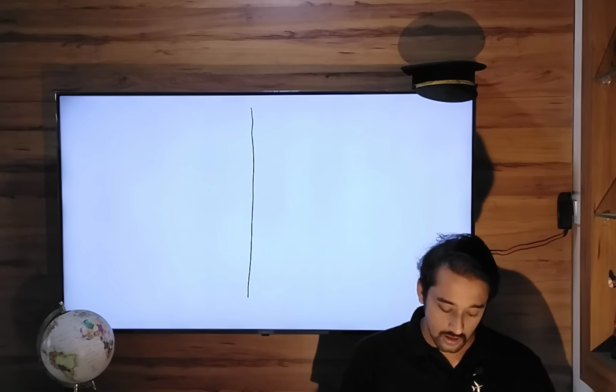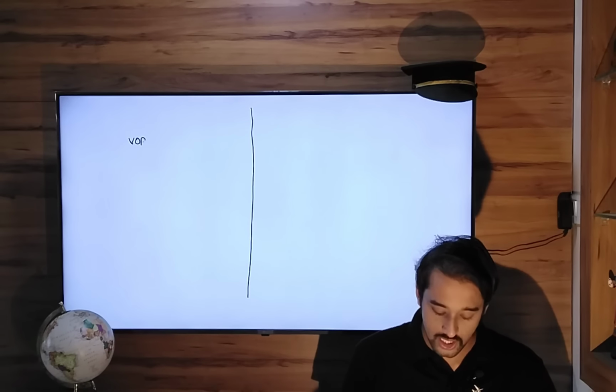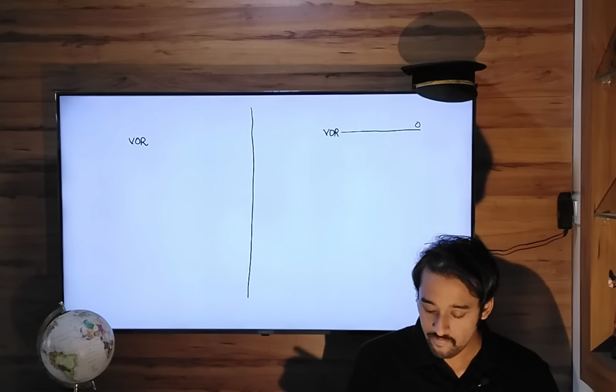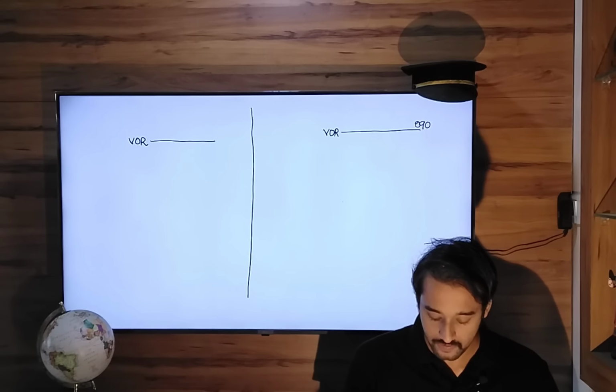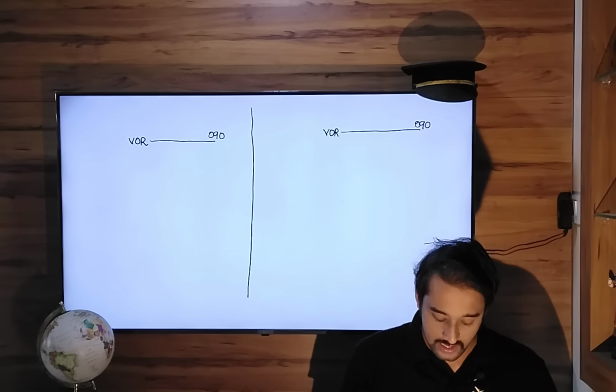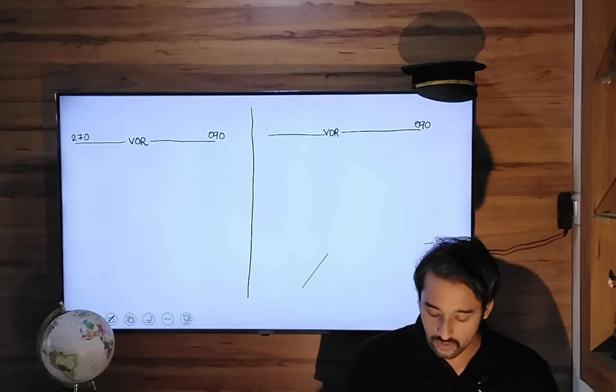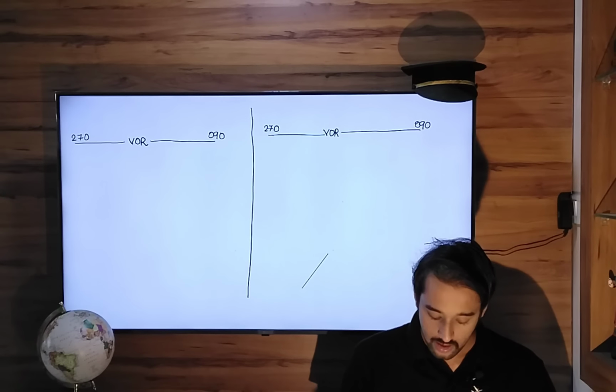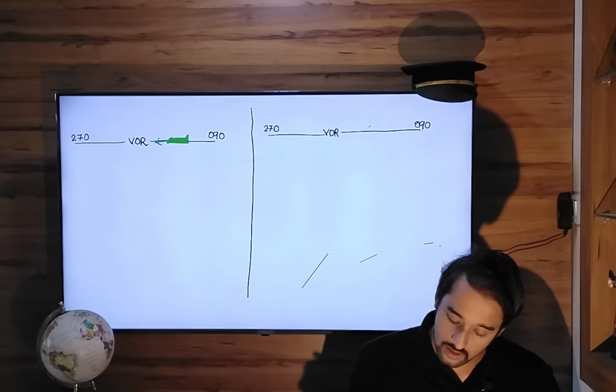So I'm drawing a VOR station on both sides, radial 090. Always draw the reciprocal radial, 270. Okay, so we are flying inbound. We are flying inbound towards this VOR.